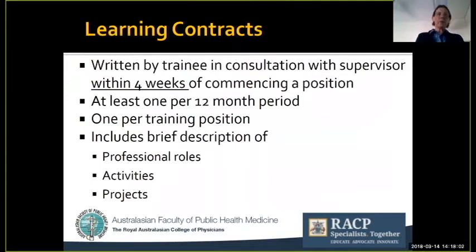So at least one per 12-month period, and more if you're in different training positions. And if you haven't seen one, have a look at the learning contract template, but it includes a description of the different activities, projects and professional roles that you'll have while you're in that position.